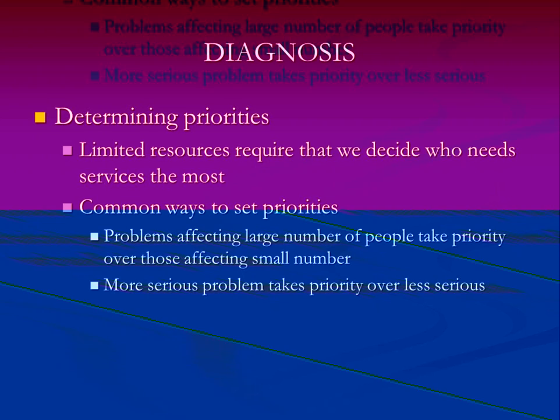The first way is that when you are looking at a community, you may want to focus on problems that affect a large amount of those people within that community. And that may take priority over problems that affect just a small segment of that population.